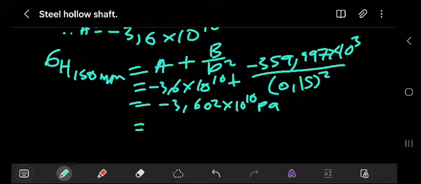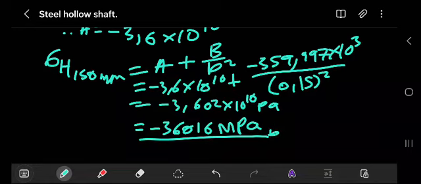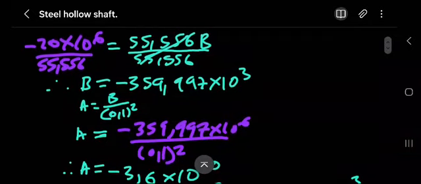This is the same as minus 36.015, because it's 999, this will be the same as 36 megapascal. We can write this in megapascal. All right, this is what we have.